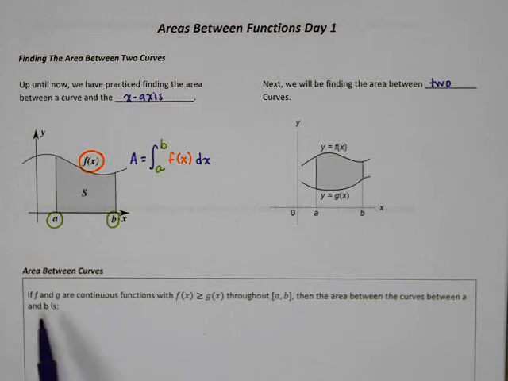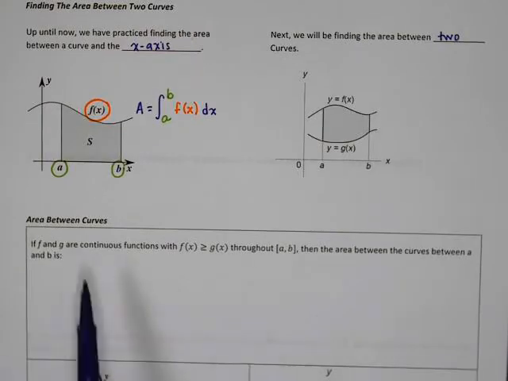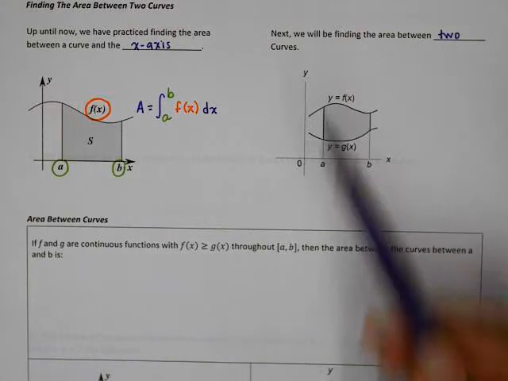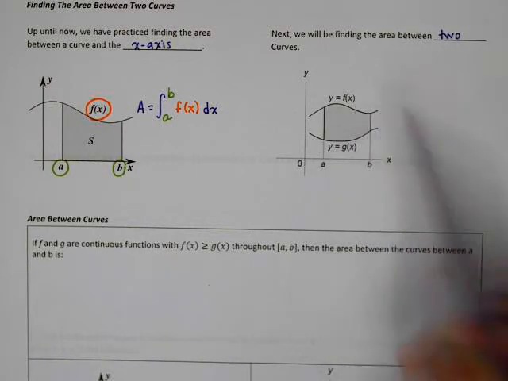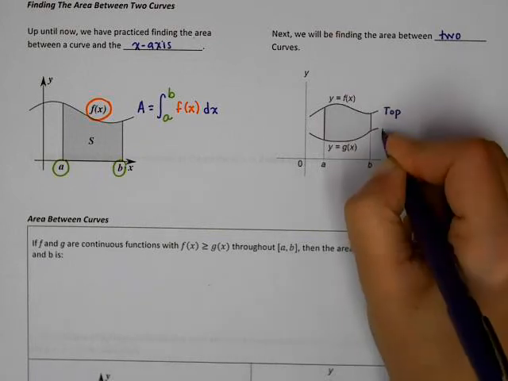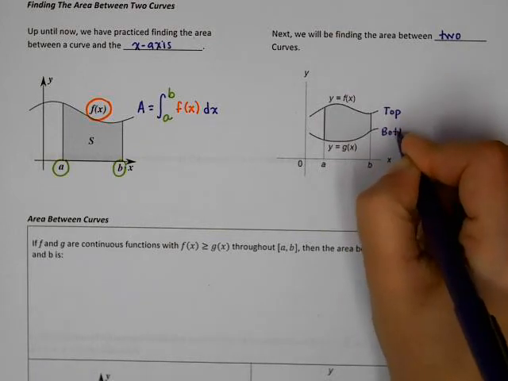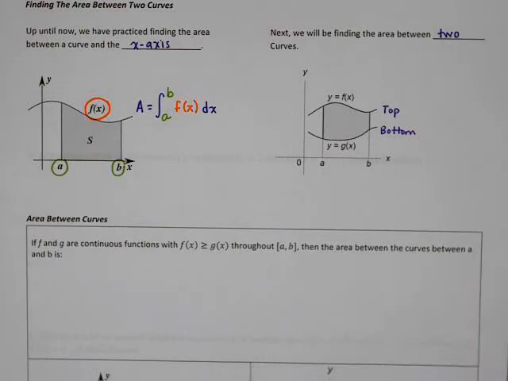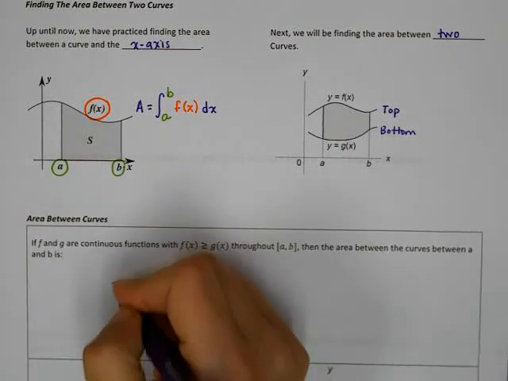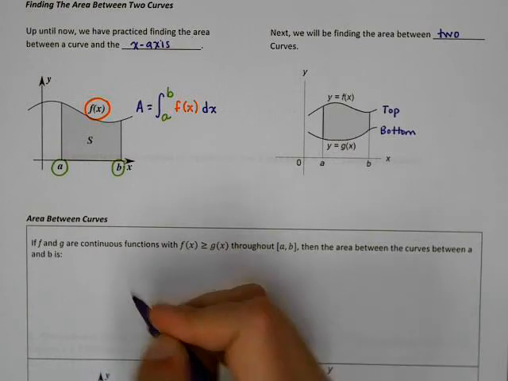If f and g are continuous functions, where f is always bigger than g, in other words, f is always the top, we usually call this the top function, and g is always the bottom function. Then the area between those curves would be found using this integral.